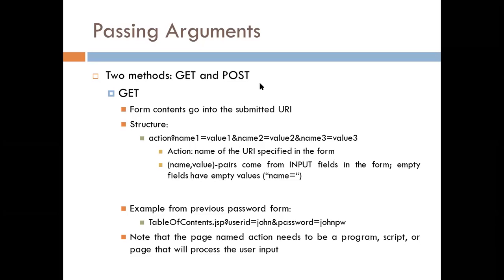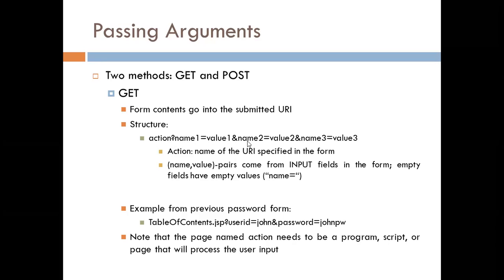So the difference is, whenever we are using the get method to send the data, in the URL, that is in the address, we will have a structure like this. Action means it is the page, so login.jsp followed by the question mark, and then the parameters will be listed like this.